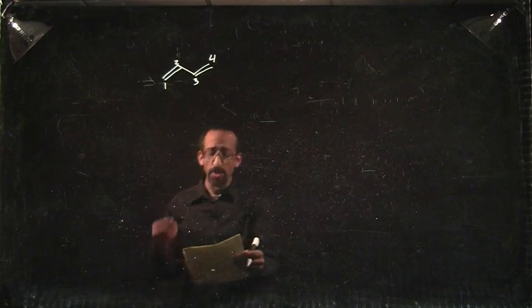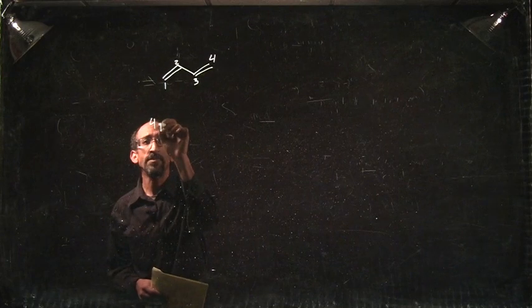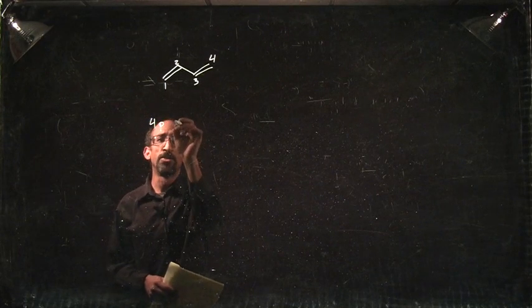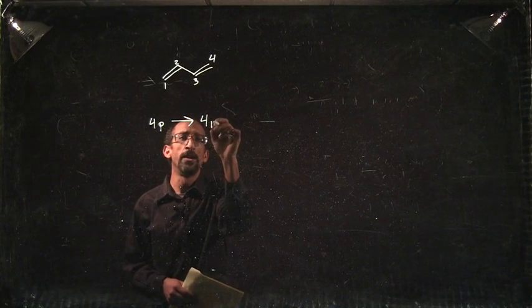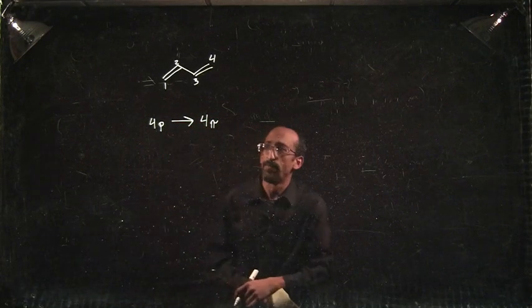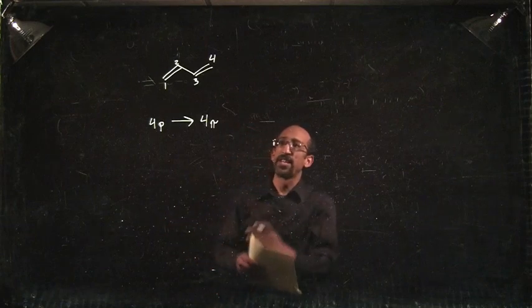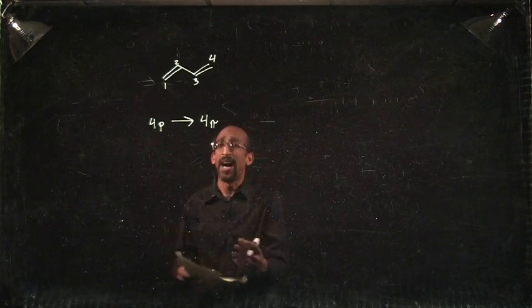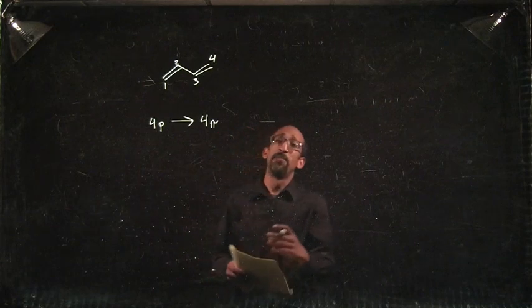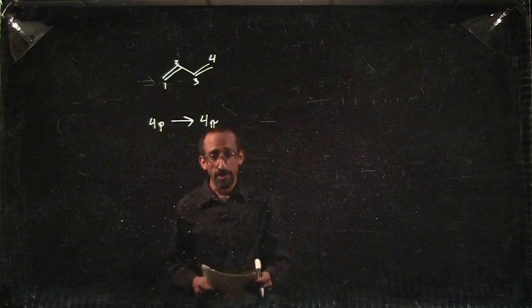Since we have 4 p orbitals going in, that means we're going to need to make a total of 4 pi molecular orbitals. So 4 atomic p orbitals mix together to make 4 new molecular orbitals. Each of those is a pi orbital, and it's either going to be bonding or anti-bonding. We'll see how to distinguish that in just a moment.